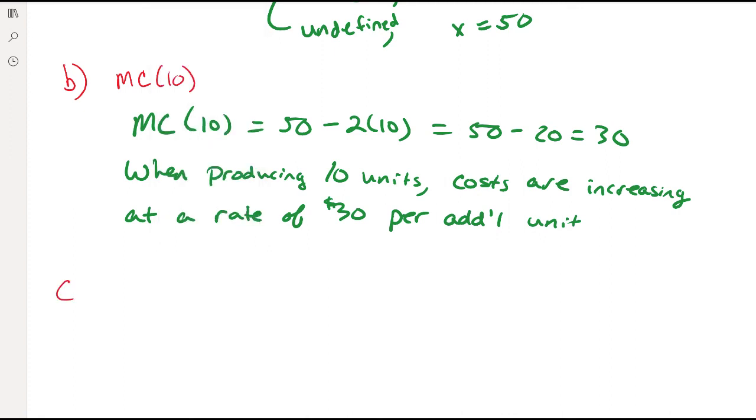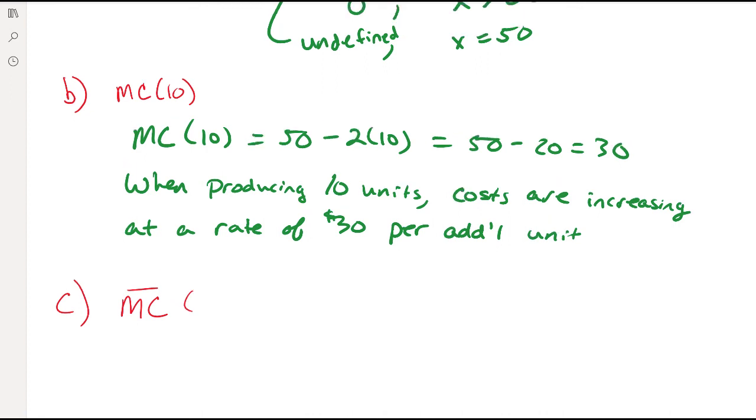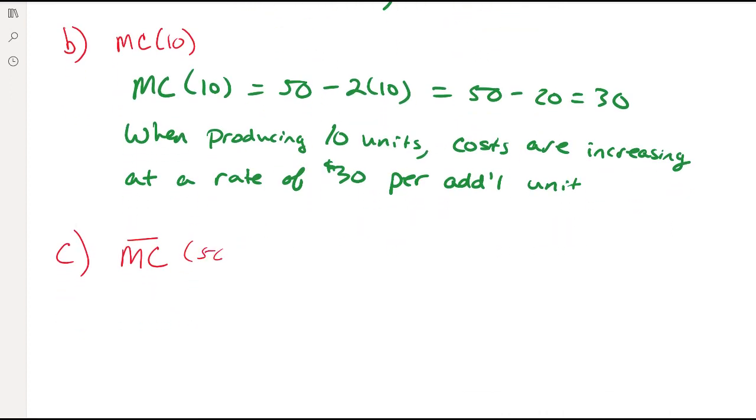Part C. What if you're asked to do this? You may see this on the homework. What if you're asked to find what's known as an average marginal cost of, let's say, our undefined value, 50? Because 50 is undefined, people still want to know what my marginal cost at 50 is. Well, because it's undefined, we have to come up with a formula, and here's the formula that will be given to you.